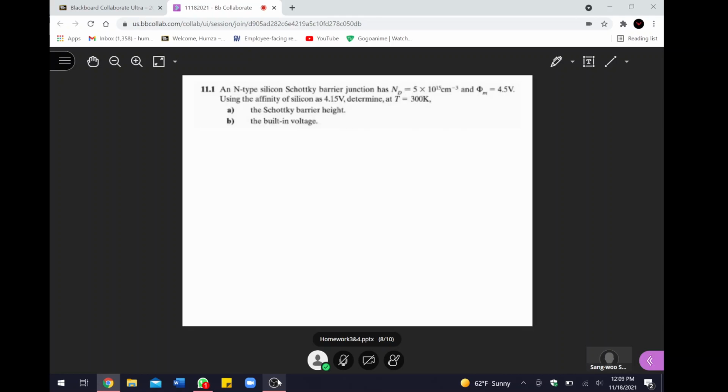If you look at our class material, the Schottky barrier height is looked at in the metal semiconductor side. The barrier height we can calculate using this formula, right?